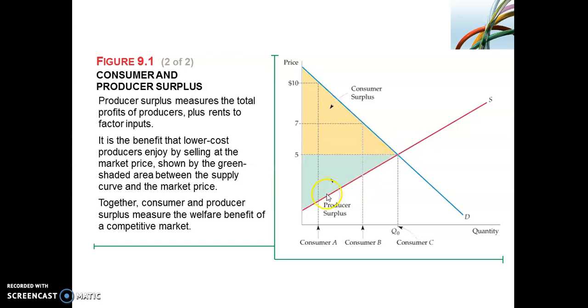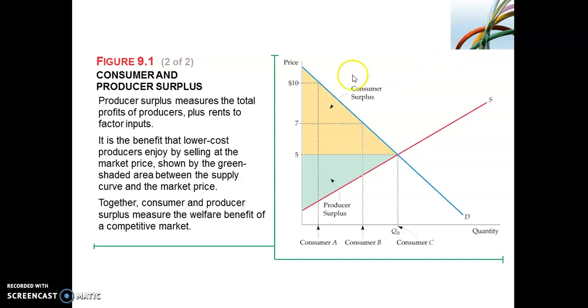If they can produce a unit at a cost lower than the market price, which was $5, that represents a surplus to them, because there's a difference between what they can get as a price, the $5 market price, versus what they'd be willing to supply the good at, and hence they can earn some producer surplus.